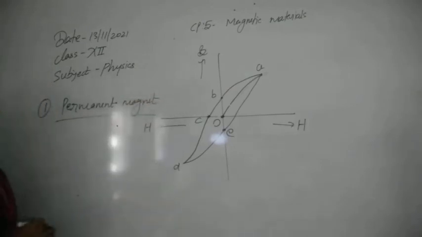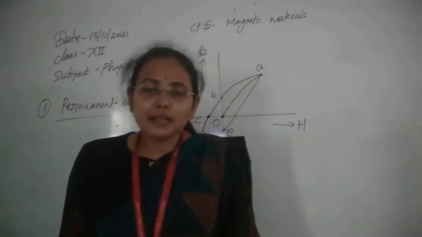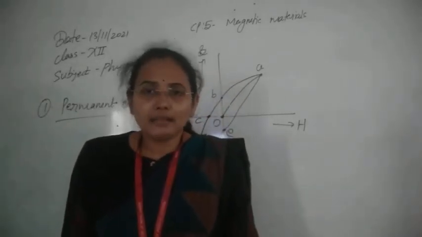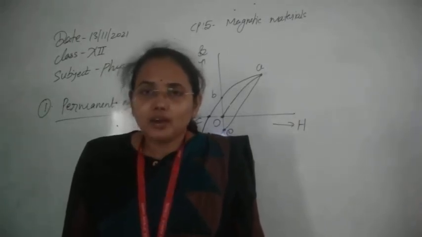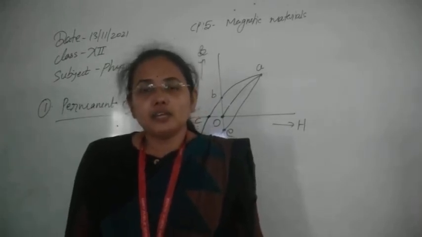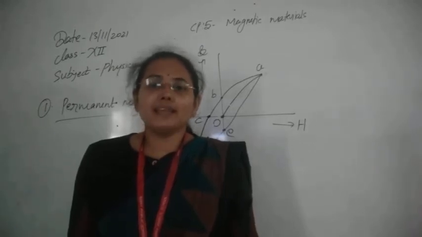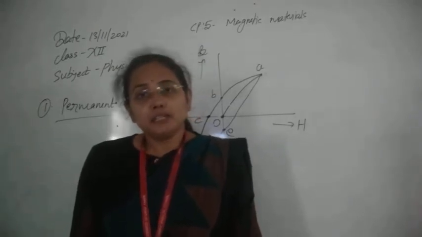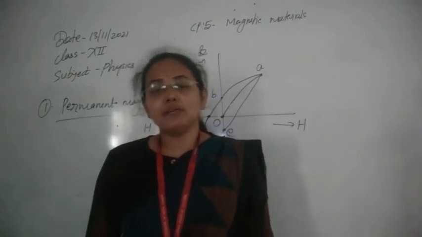Permanent magnets, as the name makes clear, are magnets that will retain their magnetic behavior for a long time. We can use them at any time. They should always have the property of magnetic induction present. It means that even when we are not applying any magnetizing field, the material has magnetization inside it.